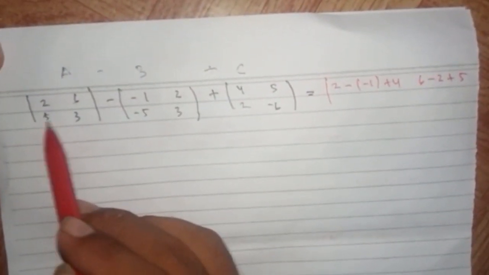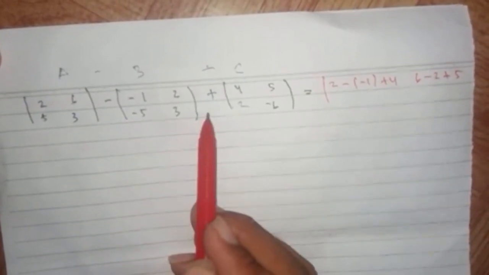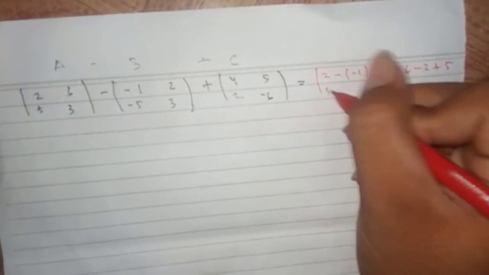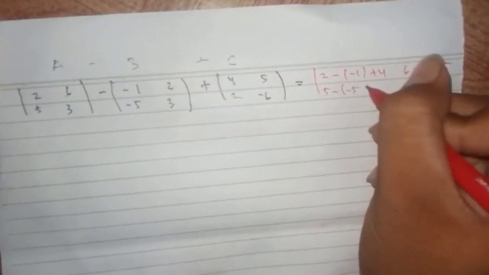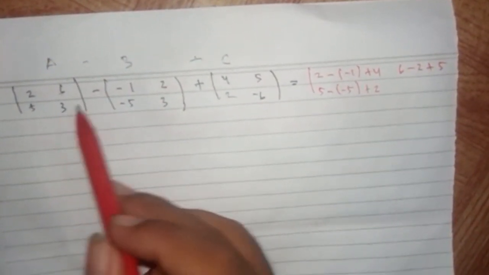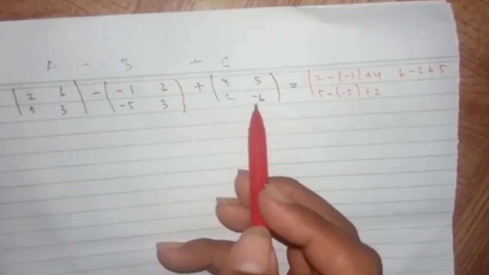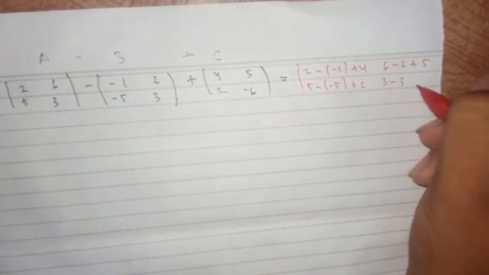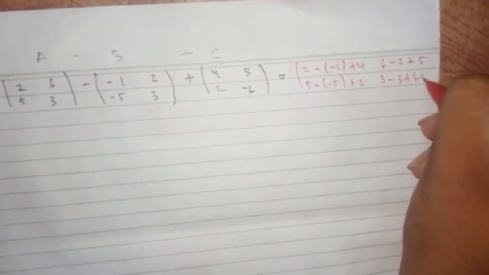Next, 5 minus minus 5 plus 2. Next, 3 minus 3 plus minus 9.